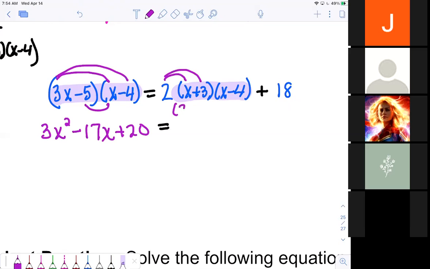So this becomes 2x plus 6, and then it's still x minus 4. There's only one 2, and it's sitting next to x plus 3. So that becomes 2x plus 6. So then FOIL those two together. We distributed the 2. Now we're going to FOIL.